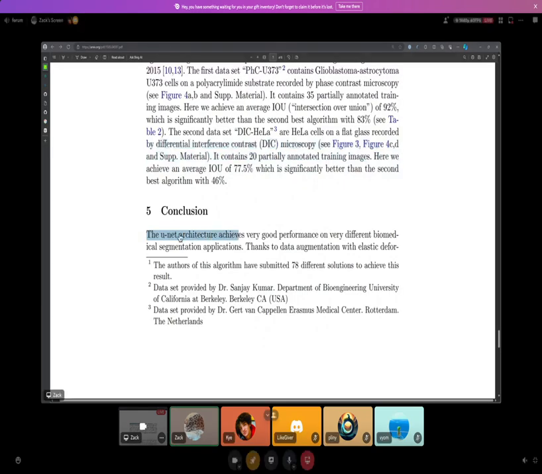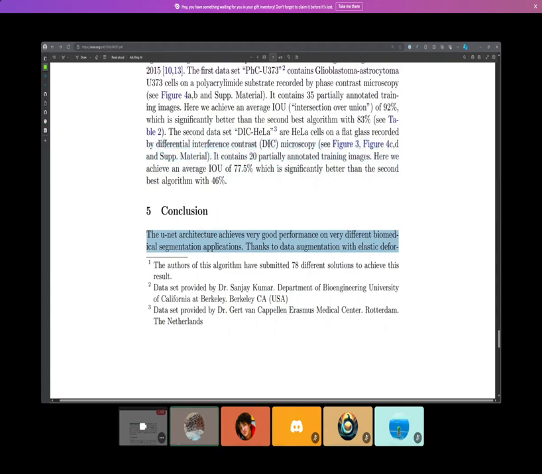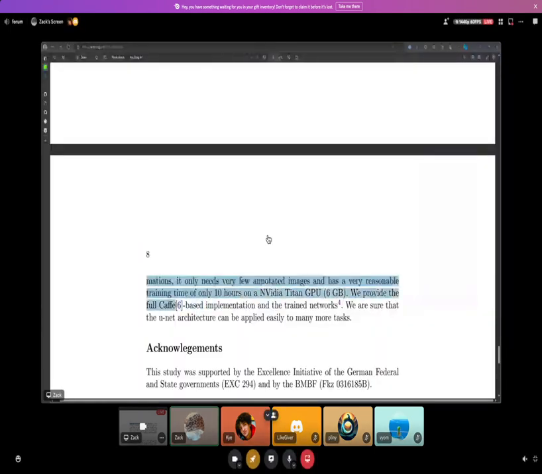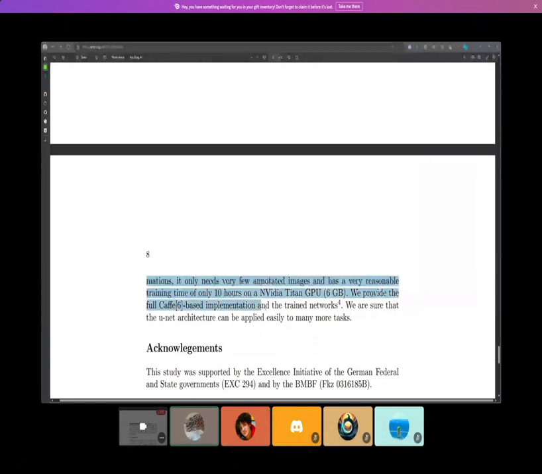The U-Net architecture achieves good performance on very different biomedical segmentation applications thanks to data augmentation with elastic deformations. It only needs a few annotated images and has a very reasonable training time of only 10 hours. We provide the full Caffe-based implementation and the trained networks, and we are sure that the architecture can easily be applied to many more tasks.